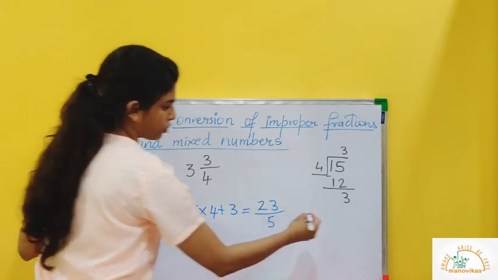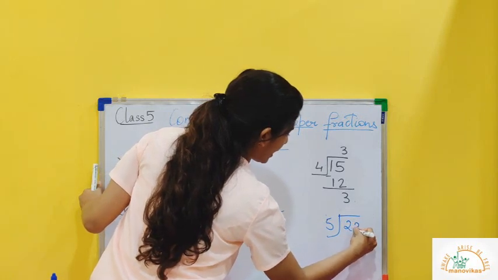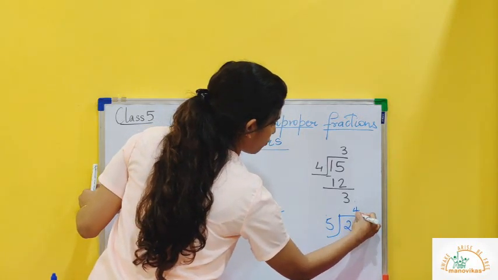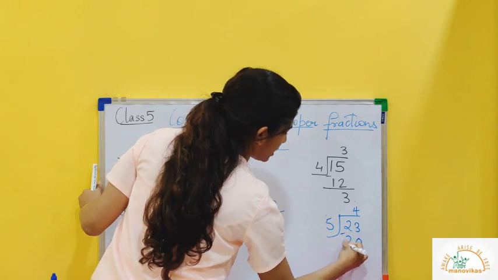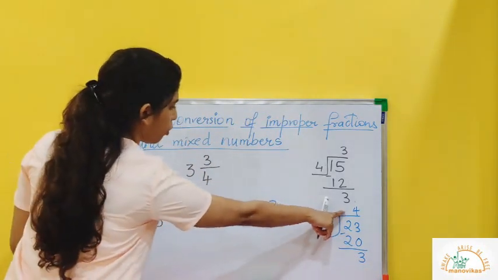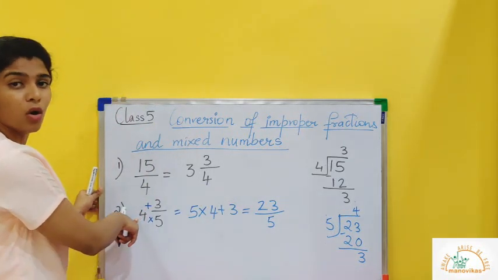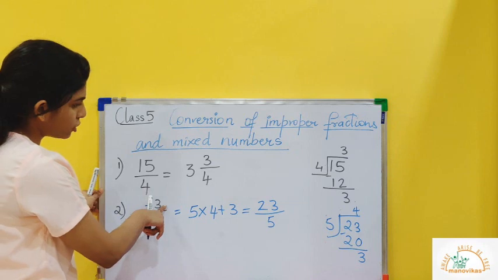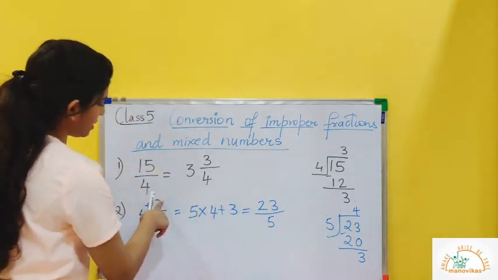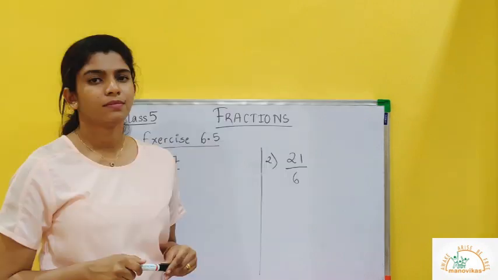You can always check. If you check 23 divided by 5, what do I get? 5 fours are 20. 3 as the remainder. Correct? 4 I got as the quotient, which is the whole here. Then the numerator is the remainder and the denominator is the same, 5.